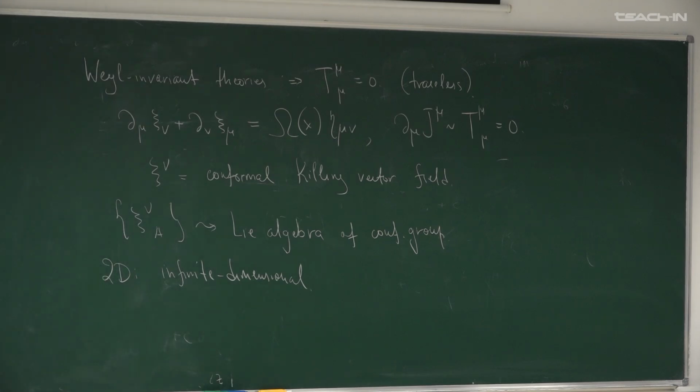And so the L_n's that we've derived are basically those conserved quantities related to the currents that can be constructed from the energy momentum tensor by pairing it with conformal Killing vector fields. That's the point.